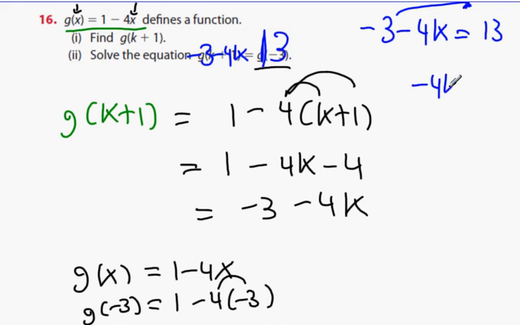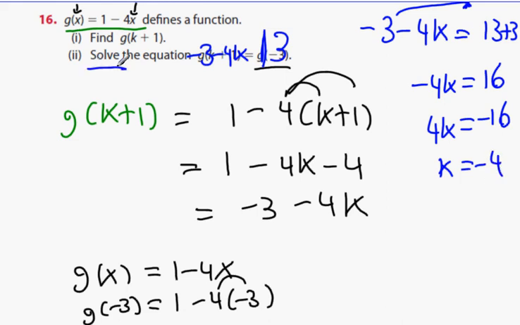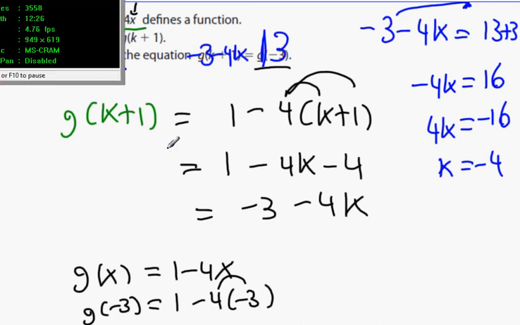Minus 4k equals, anybody? It's going to be plus 3, which is 16. Multiply both sides by minus. 4k equals minus 16. What's k equal to then? Minus 4. Read the word solve. Solve means find the value of the letter. Okay? Alright guys, that's us.